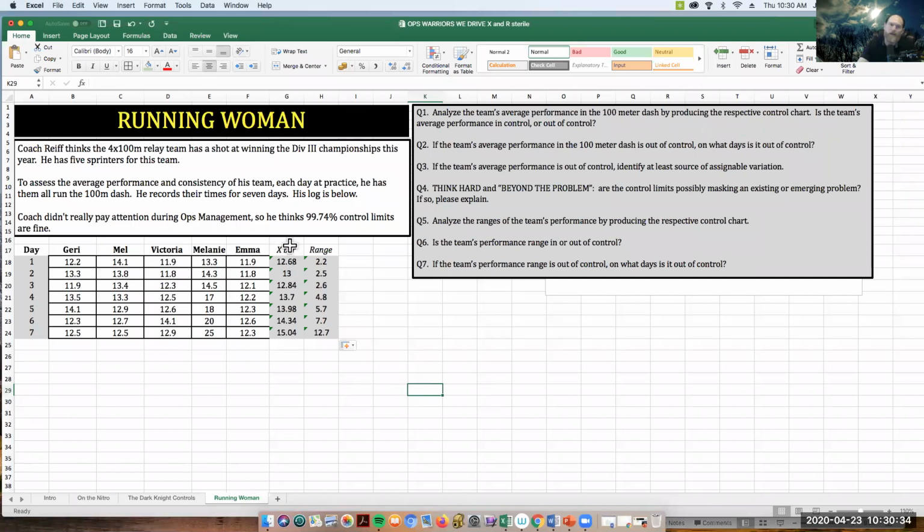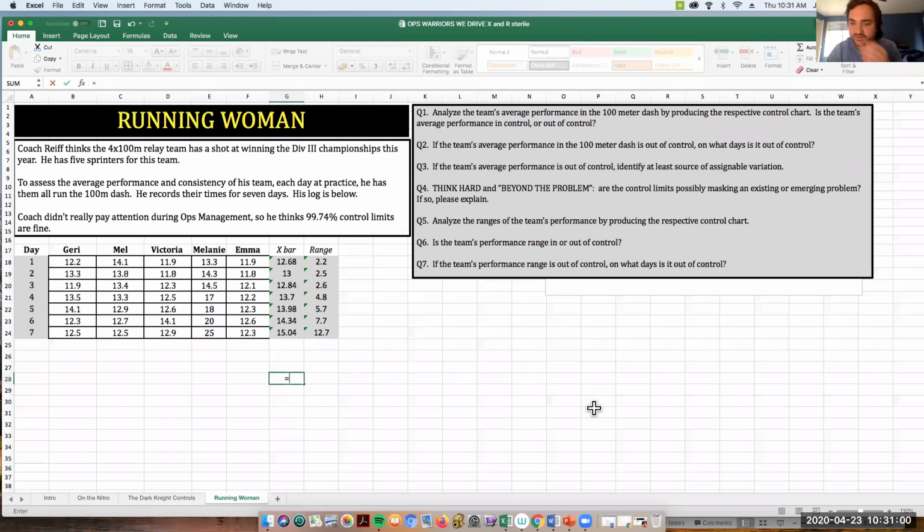So let's see. Now that we have the respective X bars, Ethan, what's something else we might do? Do we have to find X double bar? Yep, we sure do. How do we do that?